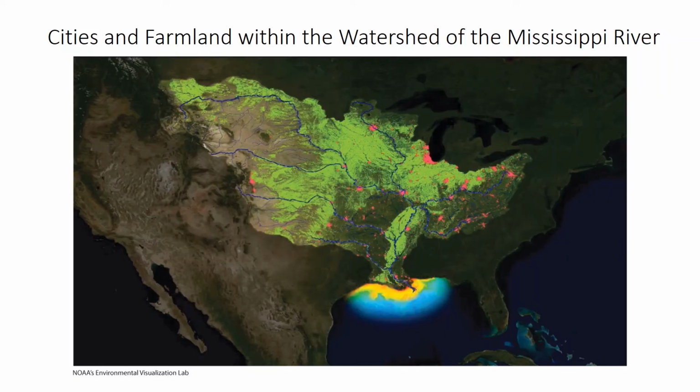And so if we look at the Mississippi River watershed, and a watershed is defined as, if a drop of water falls onto a land surface, where will that water flow? If a drop of water fell from the sky here, it would flow in this direction, whereas all of these river systems are part of the Mississippi watershed.